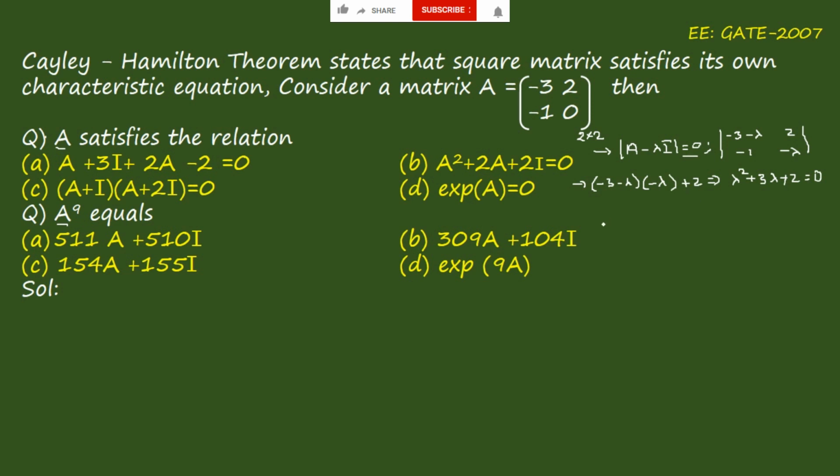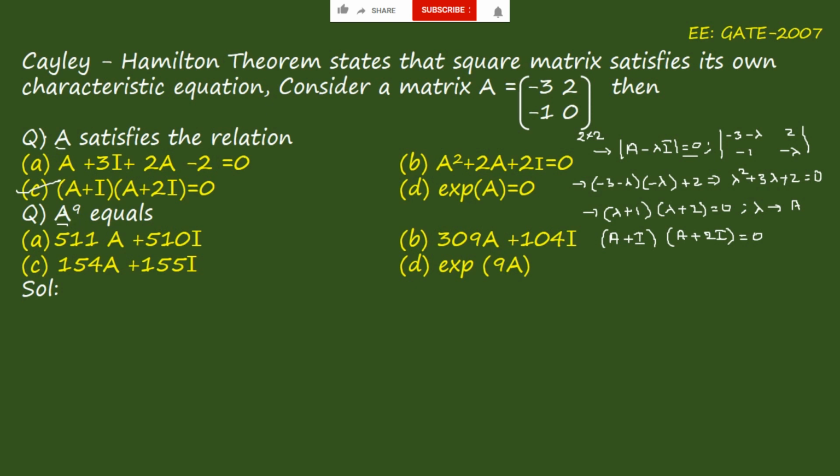So we can write this as lambda plus 1 and lambda plus 2 is equal to 0. Now what you do is replace lambda with A. Then we get A plus 1, meaning we consider this one as identity matrix, then A plus 2 is equal to 0. So it comes with the option C.